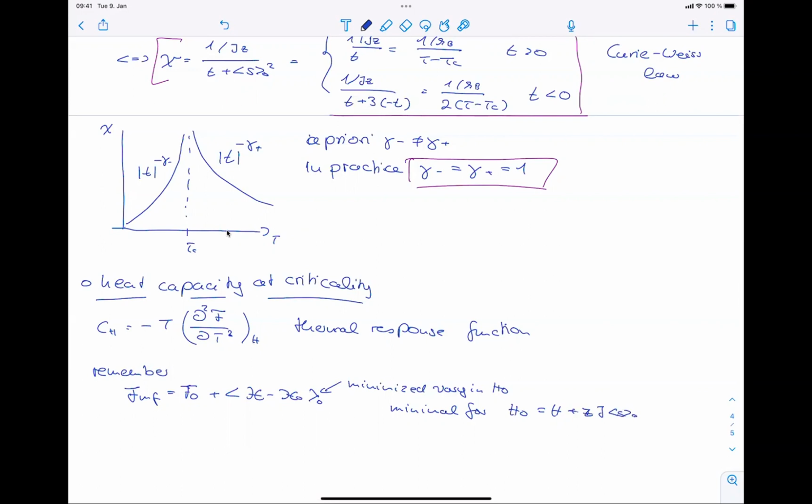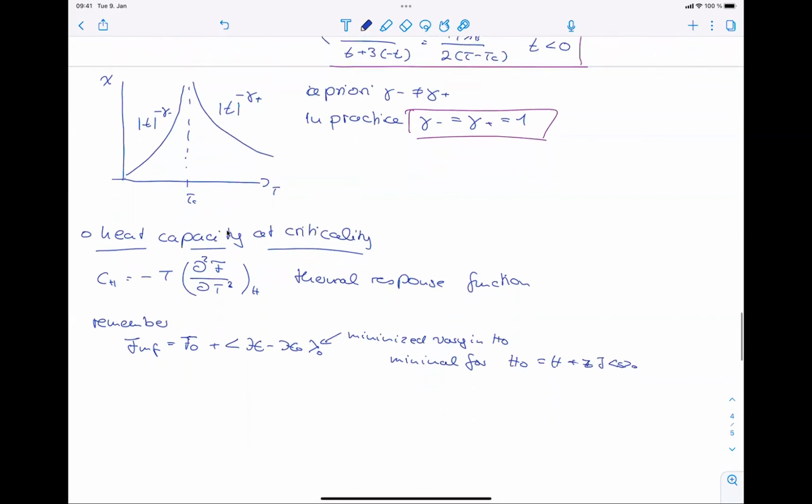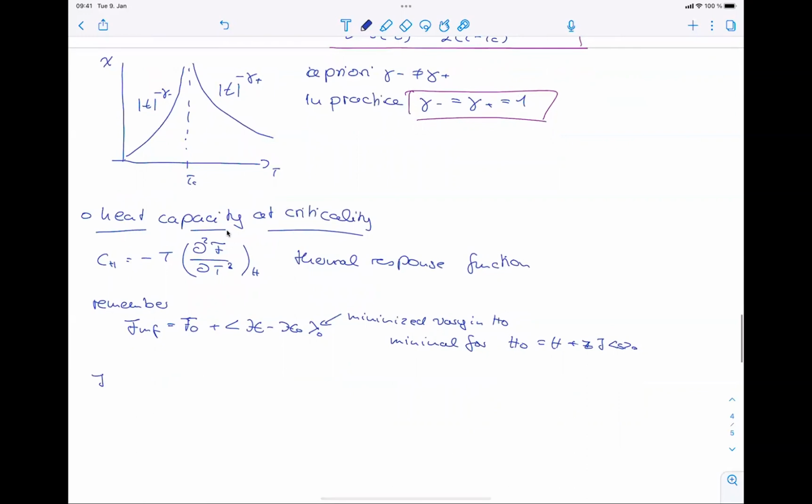And so if we now write down this mean field free energy in full length, we arrive at, just a minute.